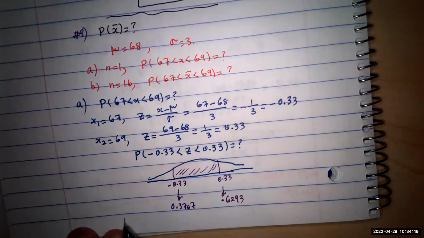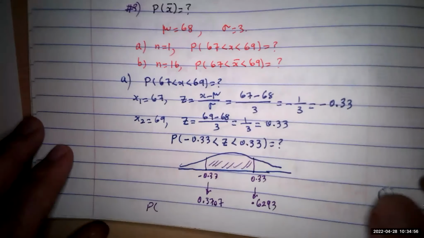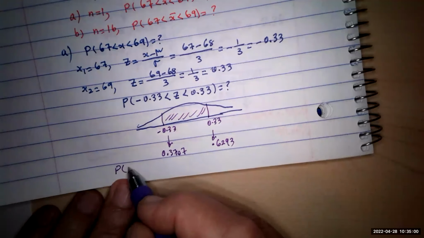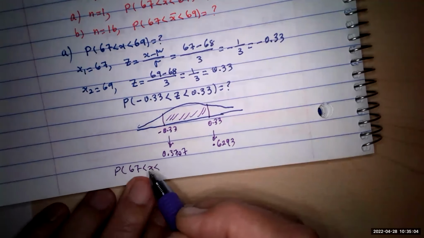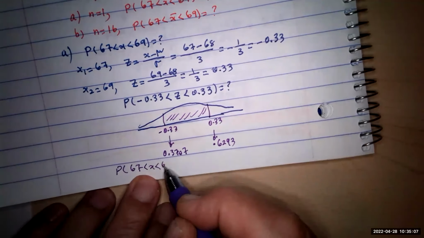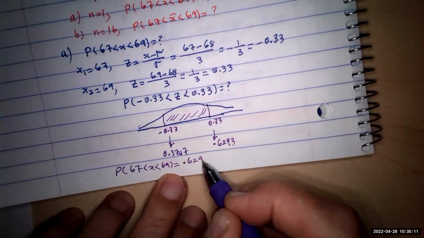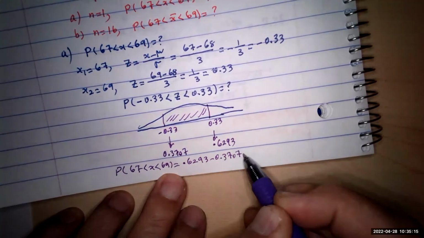So eventually, the probability that the height of one person is between 67 inches and 69 is equal to 0.6293 minus 0.3707.